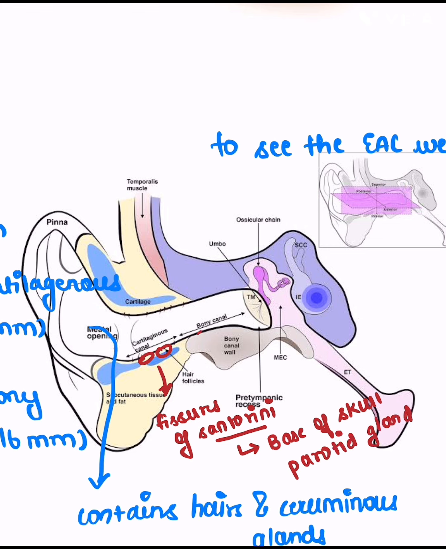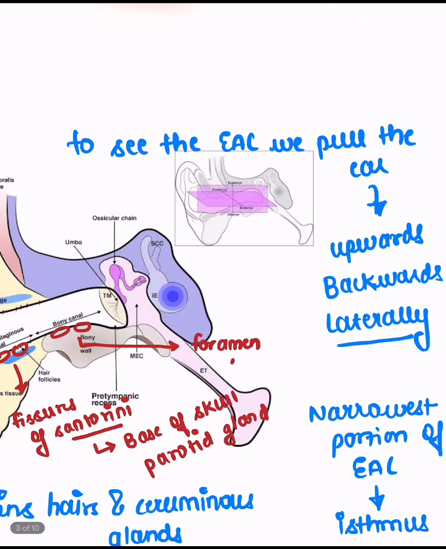The bony canal consists of two openings, which are known as foramen of Huschke, which usually closes by 4 to 5 years of age.